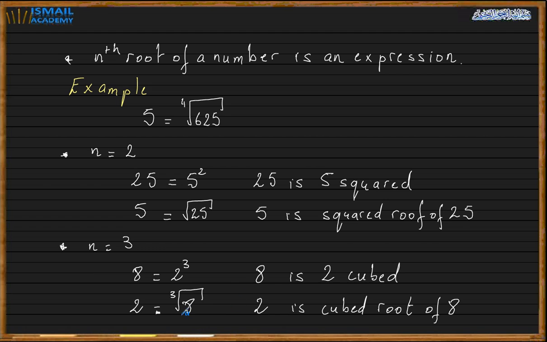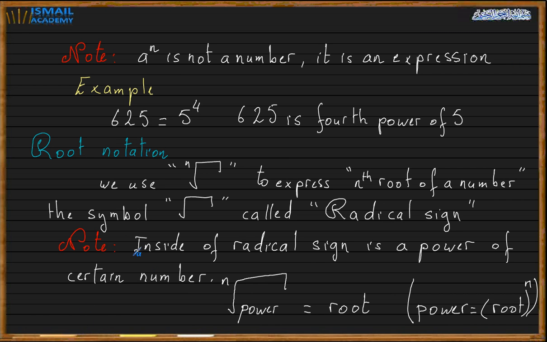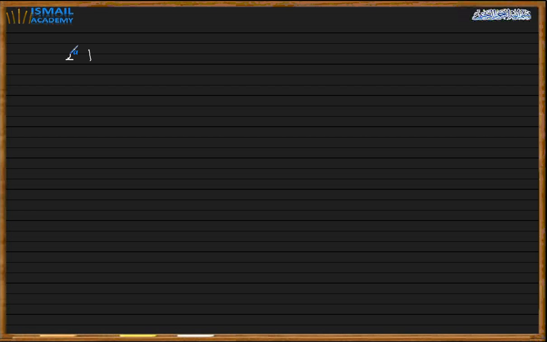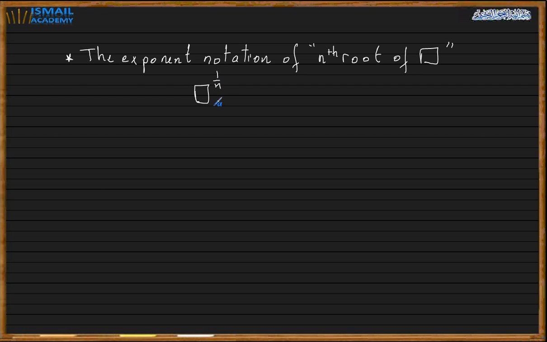This is the fourth note. The notation of the nth root is this: if I have the nth root of a number, I just put that number and put 1 over n as the exponent.